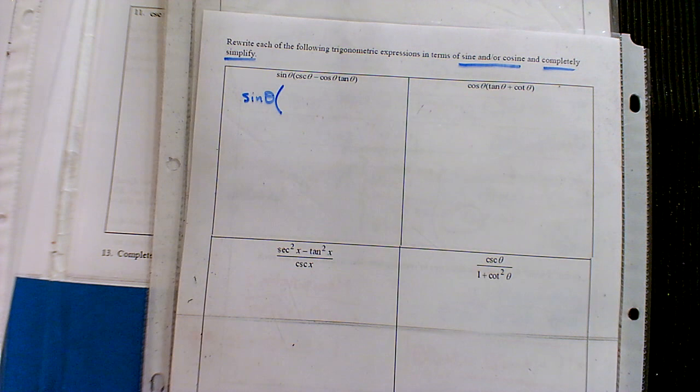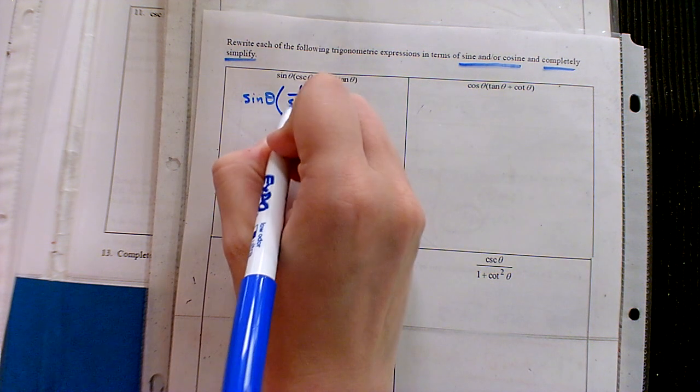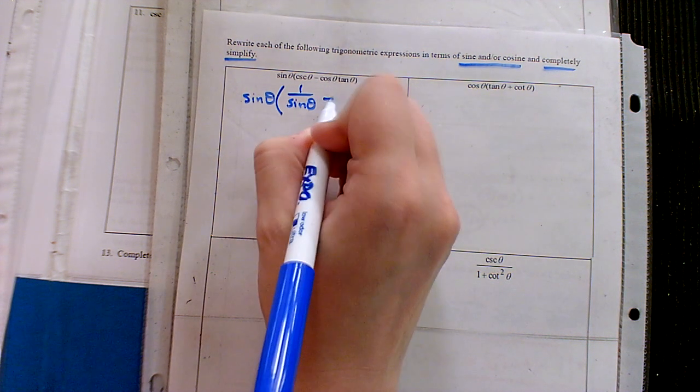Notice how we have a sine out front, so we don't really have to rewrite that. We're going to try to get things in terms of sine and cosine. How can we rewrite cosecant with a sine or a cosine in it? What do you think, Maddie? 1 over sine. Good.